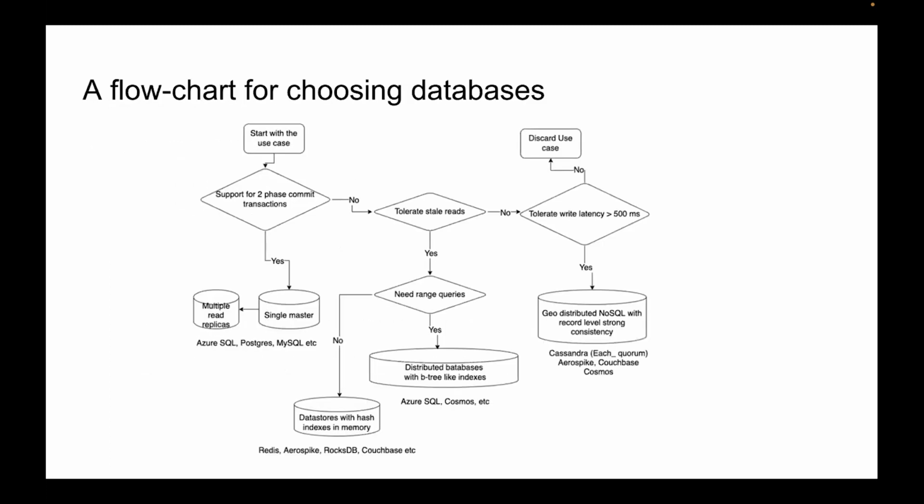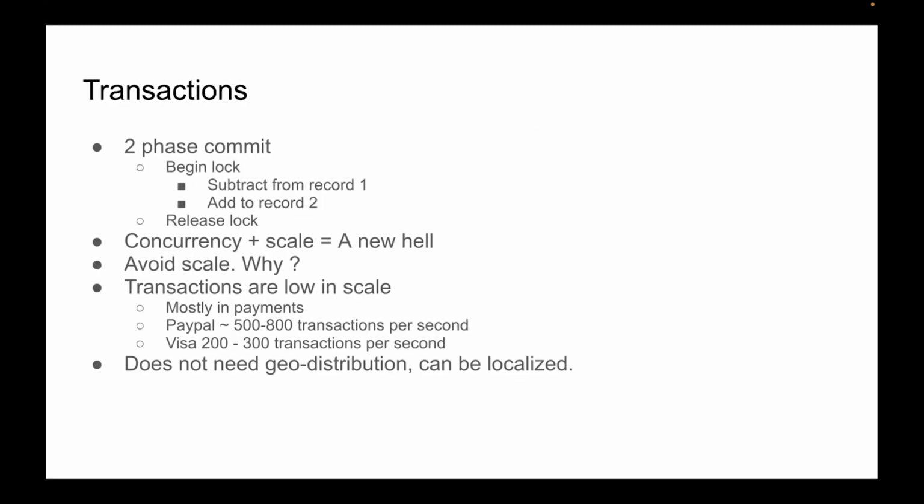Okay. The concept of distributing transactions is extremely hard, because you have this 2-phase commit, and when you throw in geo distribution, which means that the copies of data are existing on multiple servers across the globe, you need extremely complicated algorithms like Paxos and Raft, and even these things are not guaranteed to work all the time.